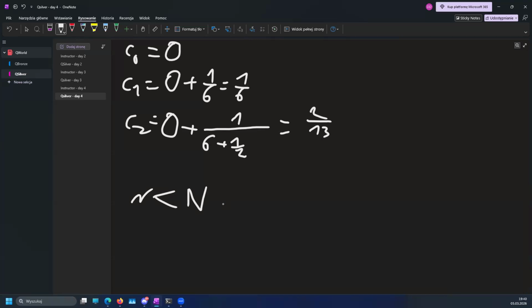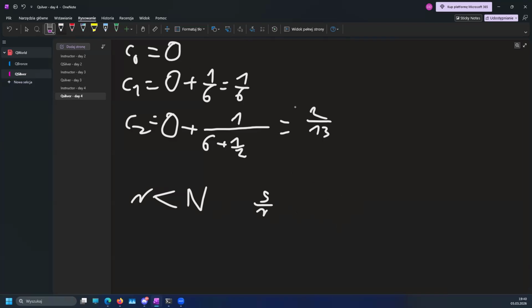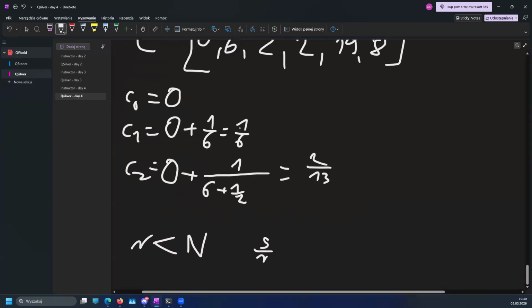And then by looking at the convergents, the best approximation to s divided by r, such that r is smaller than n, will be 1 divided by 6.